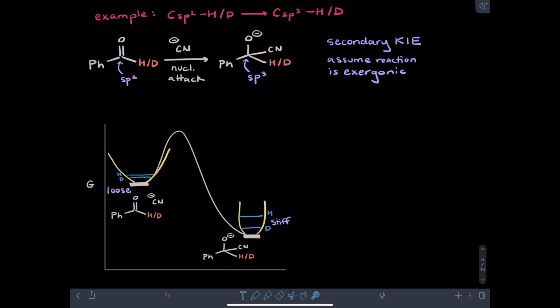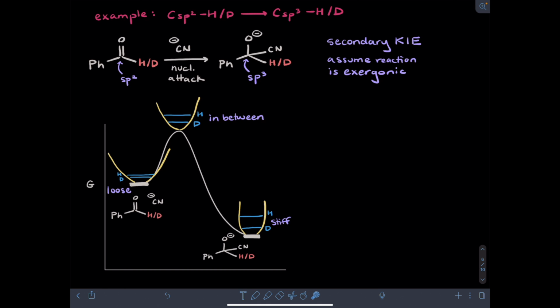For the sp3 hybridized carbon-hydrogen or deuterium bond of the product, I will have a narrow potential energy well. This is for a stiff vibration, and there's a large difference in 0-point energies between deuterium versus hydrogen. Similar to the last example, the transition state is somewhere in between these two extremes. I'm drawing a moderately wide well with a moderate difference in 0-point energies.